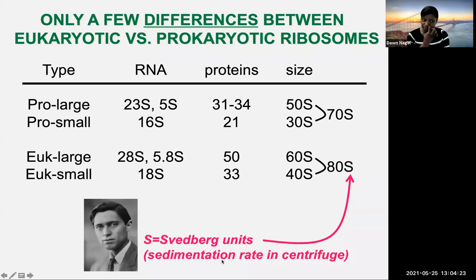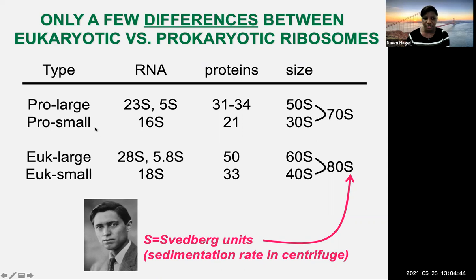The ribosomes are also a little bit different between eukaryotes and prokaryotes, right? Depending on the final composition, you can have different types of ribosomal RNA and different types of proteins.